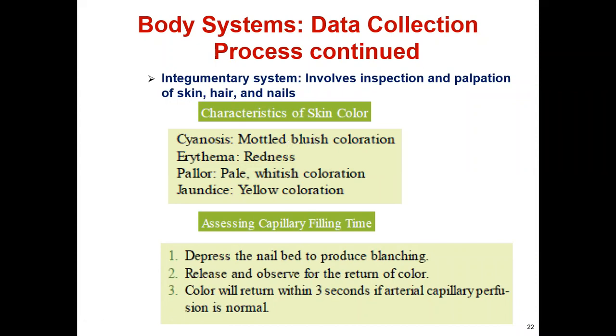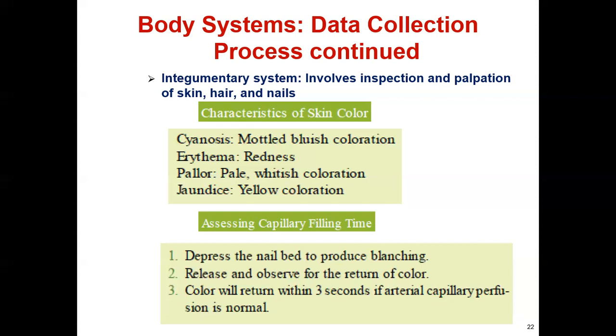If the skin is red, we call it erythema. If the skin is pale, a whitish coloration, we call it pallor. And pallor, why? Because of less oxygen supply to the skin or tissue. Maybe a heart problem, maybe blood discrepancies.